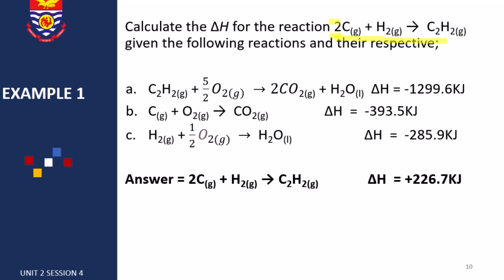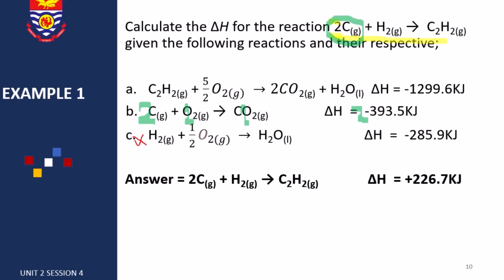However, you see that in our initial equation we have 2C. So it is our responsibility to make sure that we actually get 2C on our reactant side. So what we are required to do is to multiply this by 2. So all this equation will multiply by 2, and then the value here too will multiply by 2. Also, we are not going to do anything to this equation.